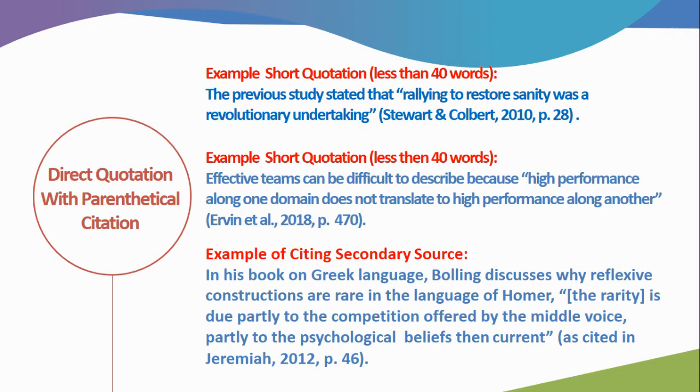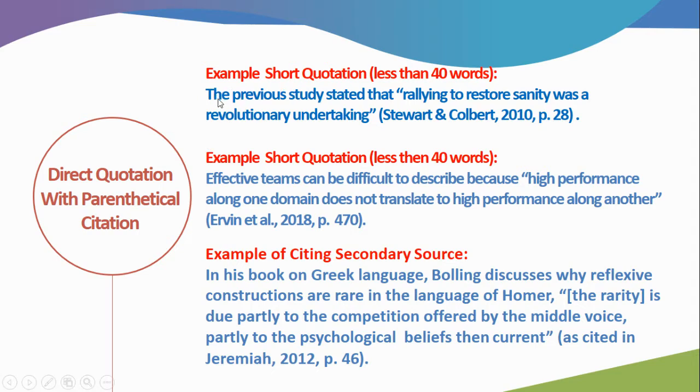The quotation marks mean you are having a direct quotation. For in-text citation, there are two types: either parenthetical citation or narrative, with the author as part of it. This video is about parenthetical citation for direct quotations.